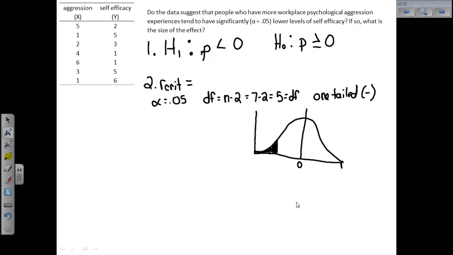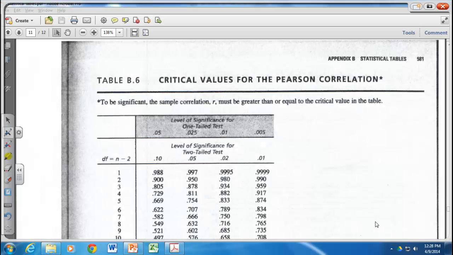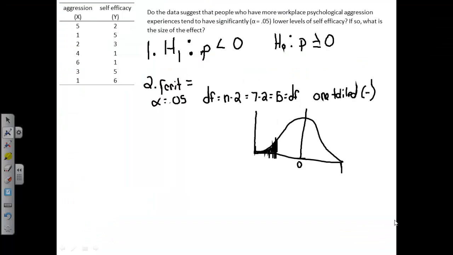So let's find what R crit is. We're looking at a one-tailed test, alpha level of 0.05, and we just found that our degrees of freedom is 5. So 5 over here, 0.669 is our critical value.